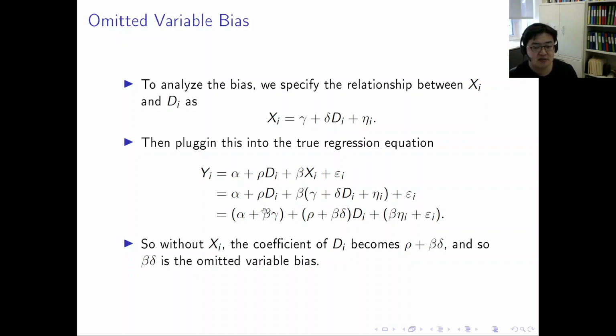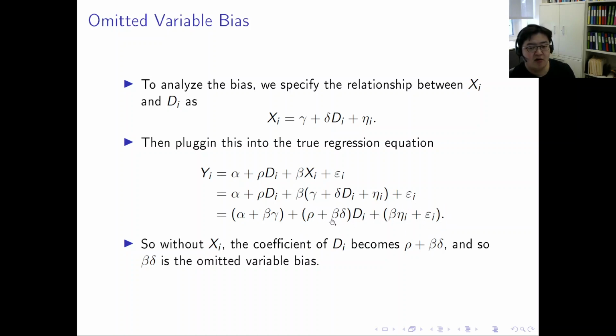So we classify into three terms, and this will be what you're going to estimate: rho plus beta delta is the coefficient of d. This will be your new intercept, this will be your new coefficient, and this will be your new error term.